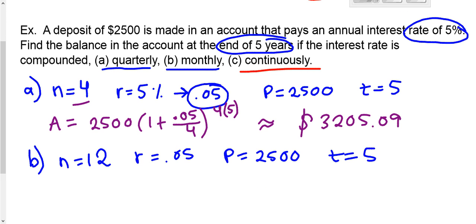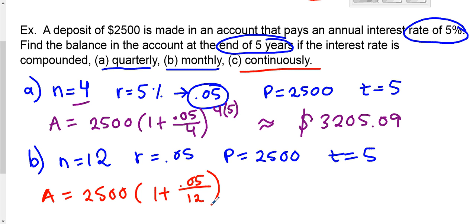So here we are finding A. We need the principal, so P is still 2,500. 1 plus our rate has not changed, but how many times a year has? So this is divided by 12, and this is 12 times 5. Plug that into your calculator, you'll get a crazy decimal, but remember this is money. So this is 3208.40 is the answer there.